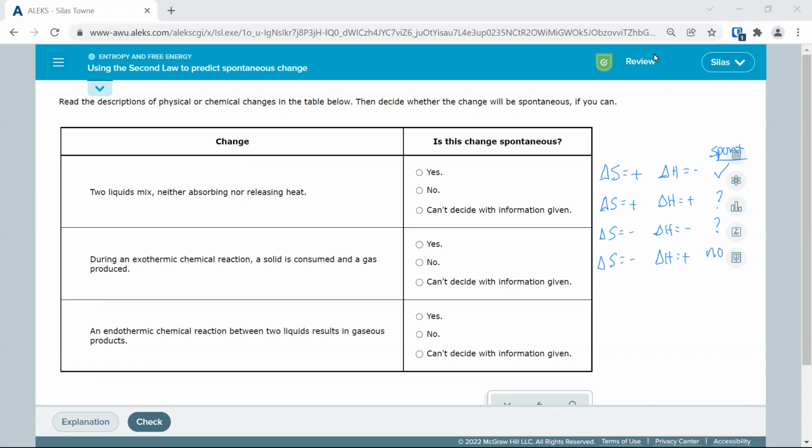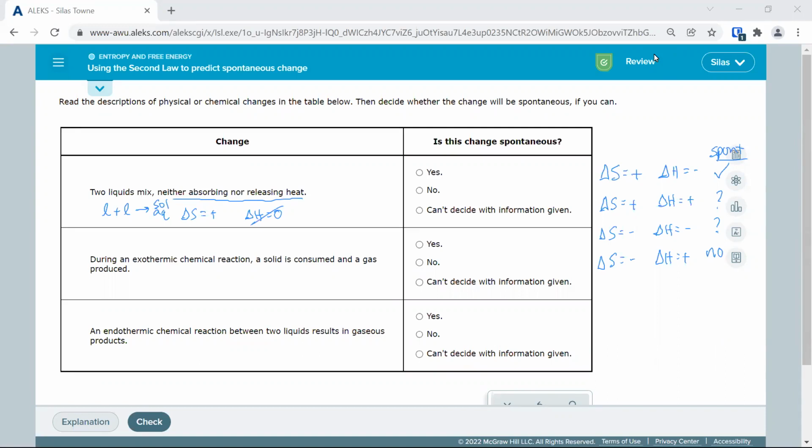First one, we got a liquid plus a liquid. It's becoming a solution, maybe aqueous, or maybe just a solution of some sort. So that is an increase in entropy. And now it says neither absorbing nor releasing heat. So I guess that's another option, but that would be delta H being 0.